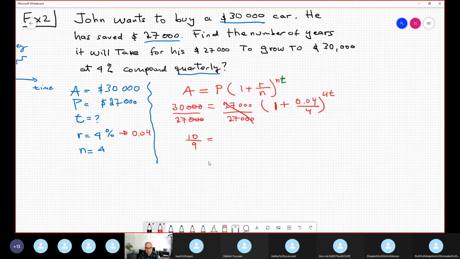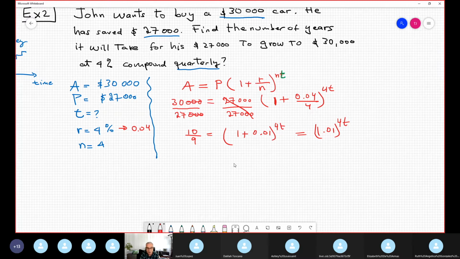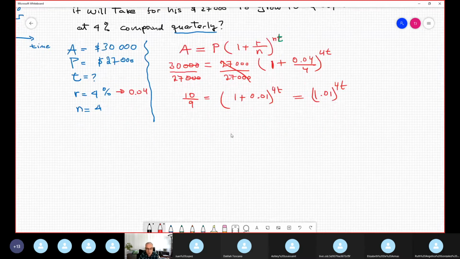On the right-hand side we have, wow, it's easy: 1 plus 0.04 divided by 4 is 0.01, raised to the 40. And this together is 1.01 raised to the 40. Wow, very nice. Okay, so let me write my equation so far. My equation is 10 over 9 equals 1.01 raised to the 40.